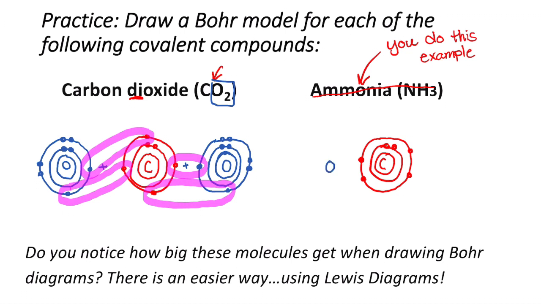So I've got my O, nucleus, first ring, and then I'm going to draw my second ring just to connect nicely here. So with those carbon electrons, I'm going to draw in my oxygen paired electrons.